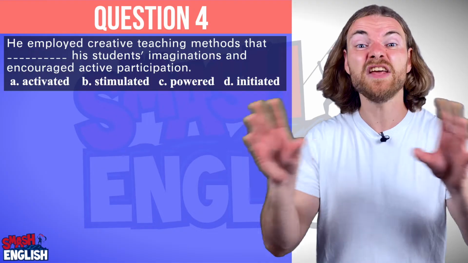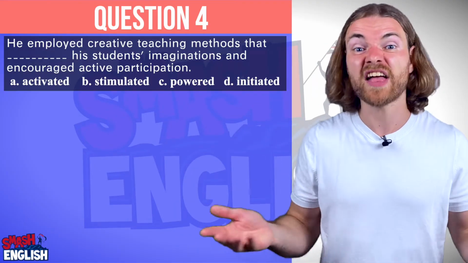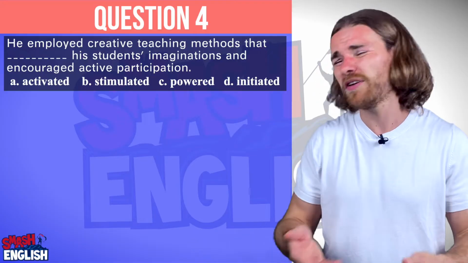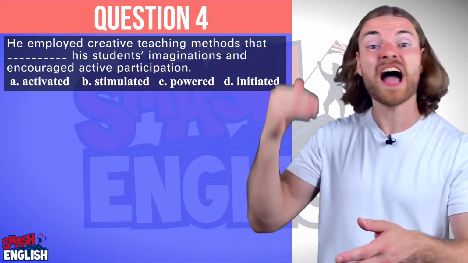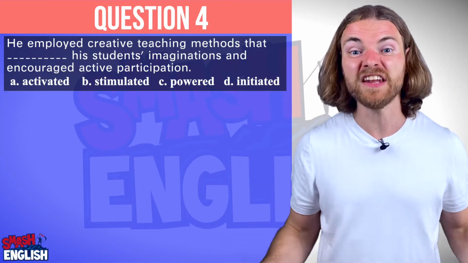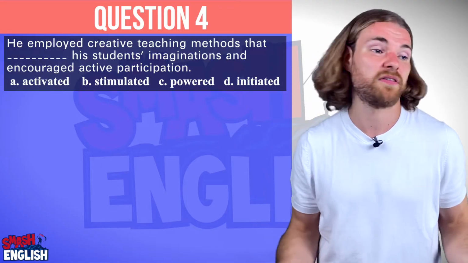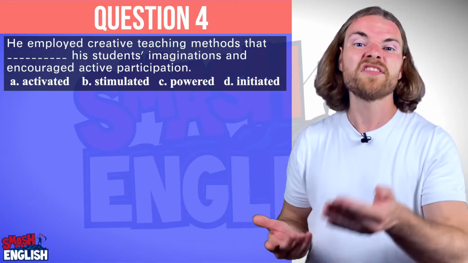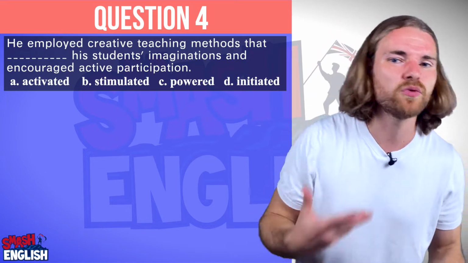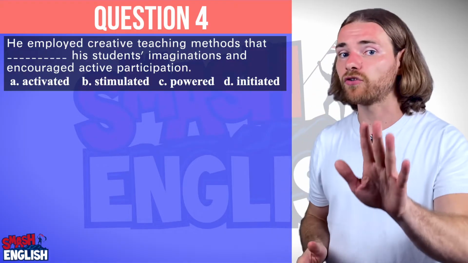If you used any one of these and spoke to someone, then the listener would understand what you wanted to say. That's why this part is so difficult. It's kind of similar to the shower example I gave at the beginning of the video. If you told someone that you did a shower this morning, then they're not going to say, "What? I don't understand. What are you talking about?" They're going to get it. It's just something will seem a little bit off. And the same applies to this question.